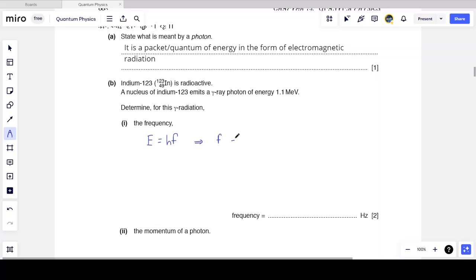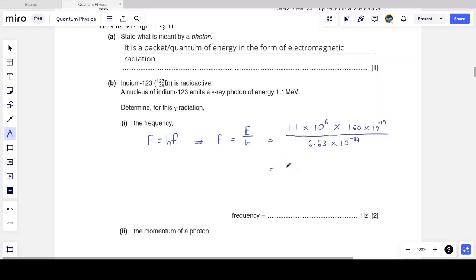So the frequency of this gamma ray photon is E by h. And this is 1.1 times 10 to the power 6 to give me electron volts, and then times 1.6 times 10 to the minus 19 to give me joules. Why do I want joules? Because the frequency is in SI units of hertz. And I divide this by Planck's constant 6.63 times 10 to the minus 34.